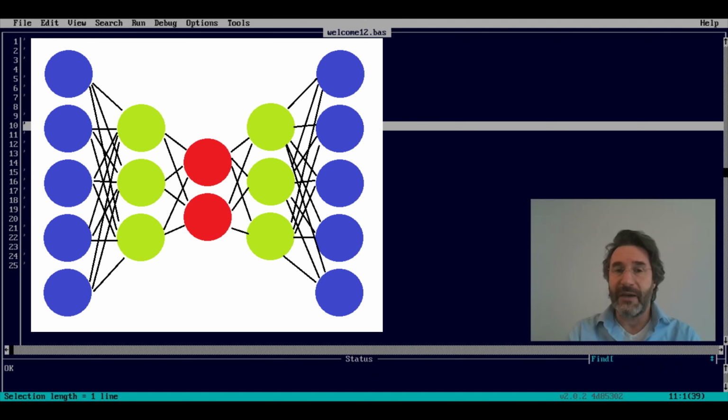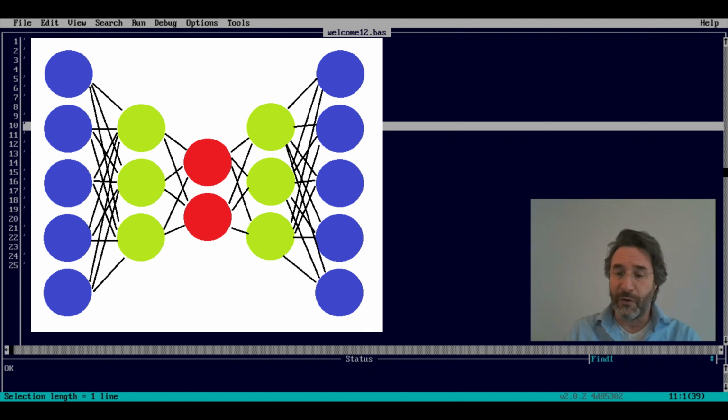So if, for example, you are presenting pictures of dogs, you would like the features there to represent something that is more characteristic of a dog. So maybe a neuron is representing, let's say, the face of the dog, or another neuron is representing the nose of the dog, or the length of the ears of the dog, and so on and so on.